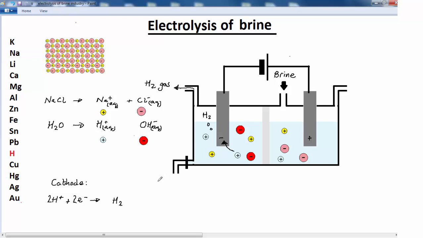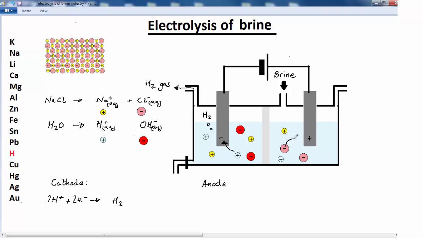Now at the anode, we remember that the rules are, if the aqueous solution is a solution of a halide salt, which is the case in this situation, then it will be the halogen gas that is produced at the anode. That's to say, the halide ion will be oxidized at the anode.